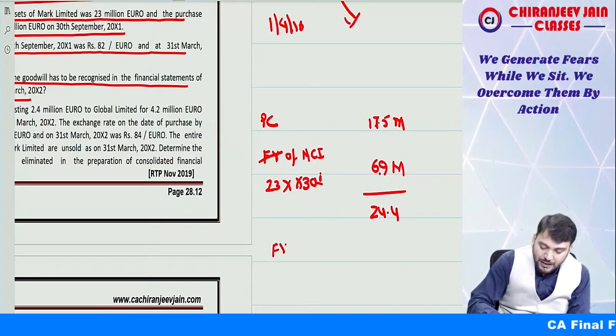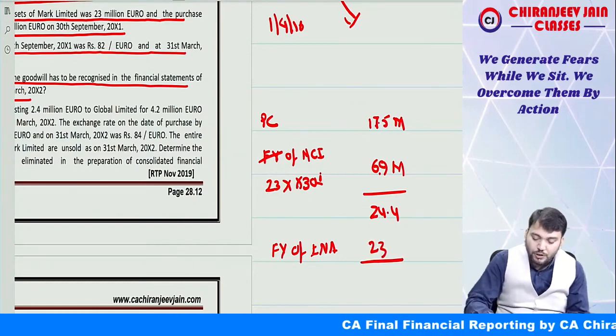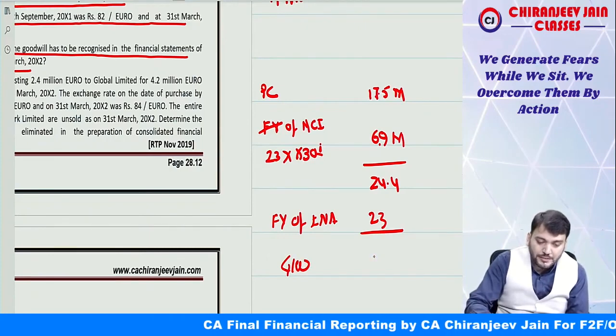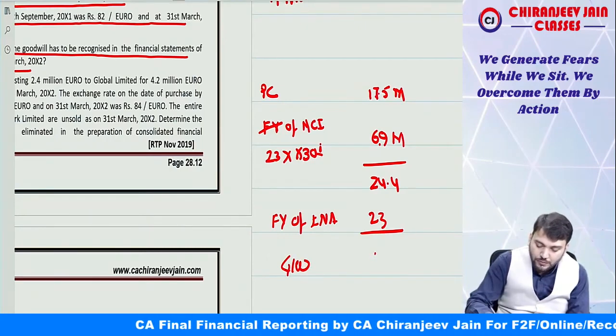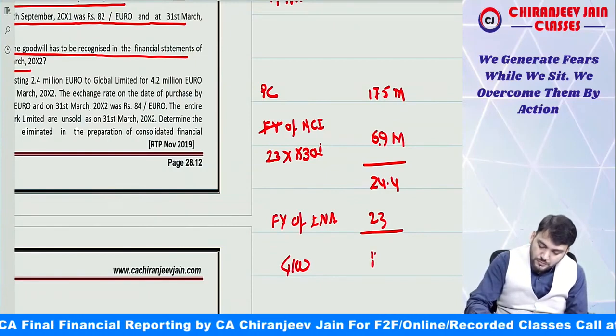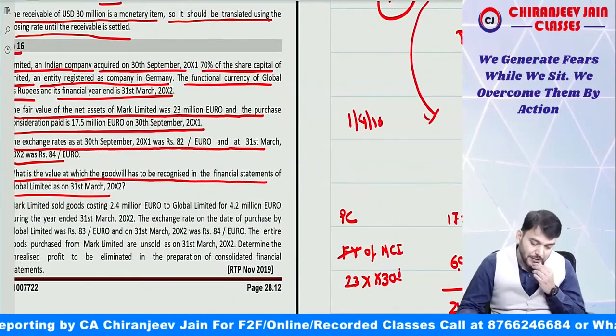From this we'll deduct fair value of net assets. Fair value of net assets is equal to how much? 23. So what is the goodwill on the date of acquisition? That is 1.4 million. 1.4 million euro. Correct.